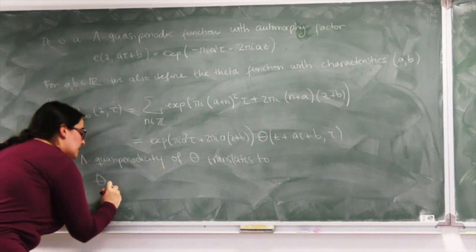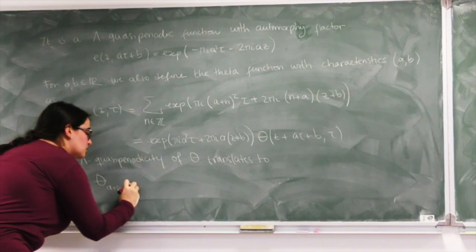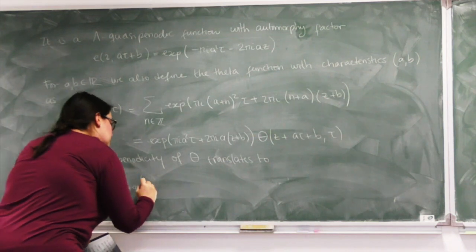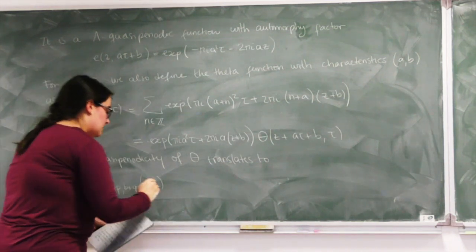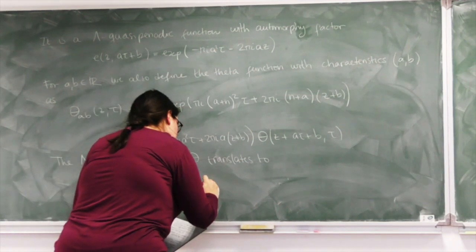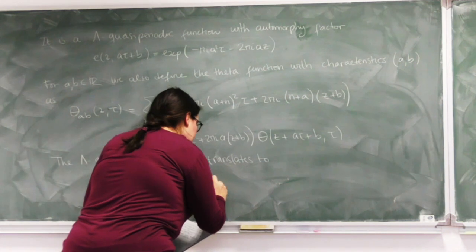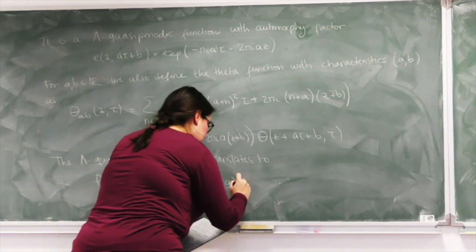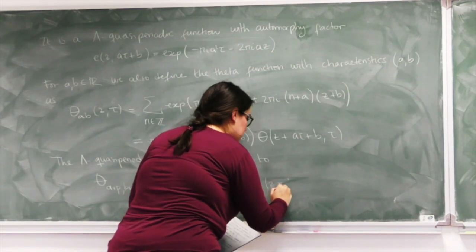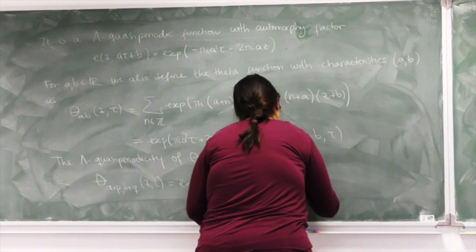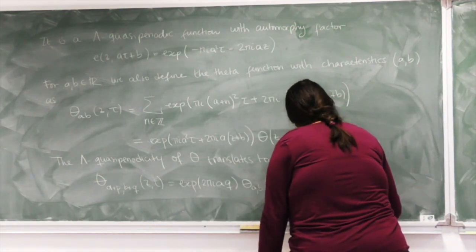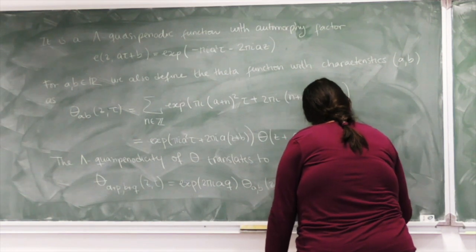So basically a plus p, b plus q as characteristics now, where p and q are integers, of z, tau is equal to the exponential of 2 pi i a q times the theta with characteristics a, b of z, tau for z in the complex numbers, a, b real, and p, q integers.